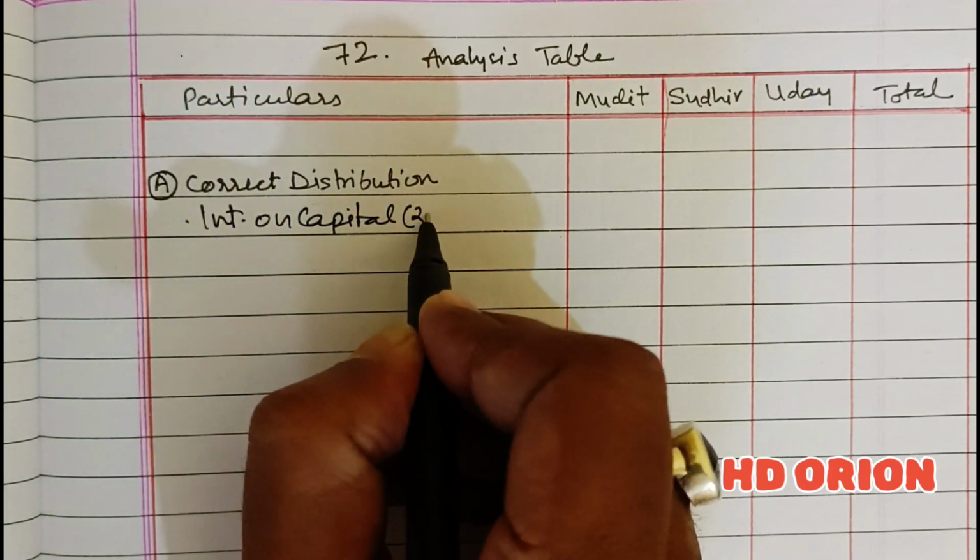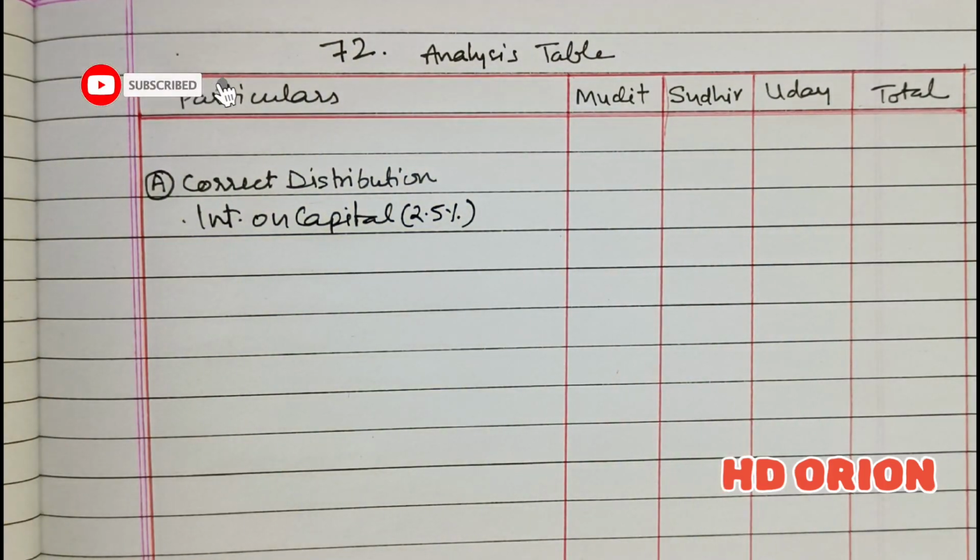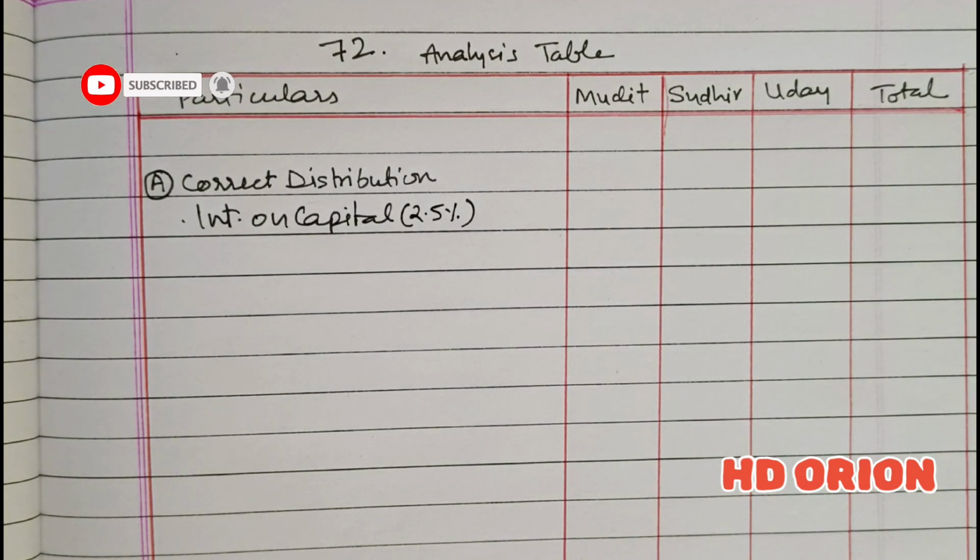at the rate of 2.5% per annum on their respective capitals, which is fixed. So we need not calculate opening capital because the fixed capital account is there and therefore the capital balances are the balances on which interest on capital is to be calculated.